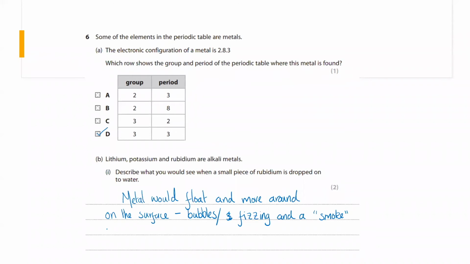If you've got potassium, a flame would also be produced, because it would be similar to the other alkali metals. For any group, all the reactions are similar.